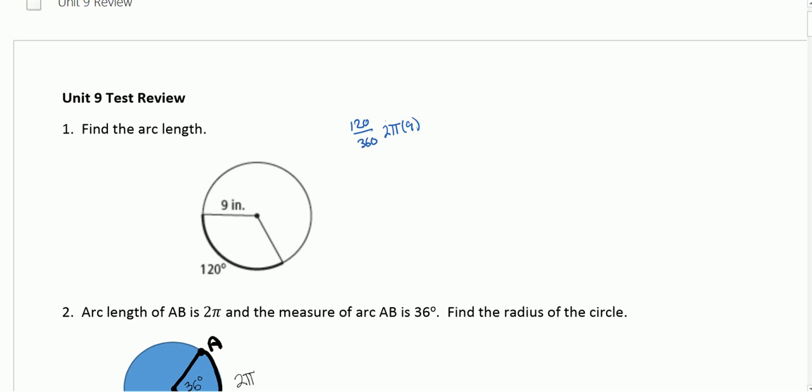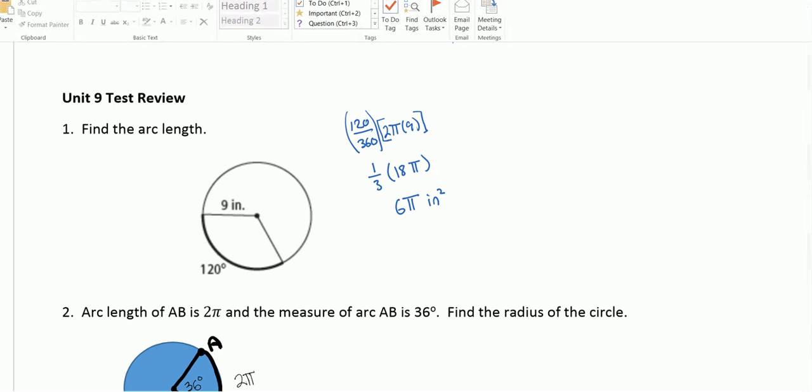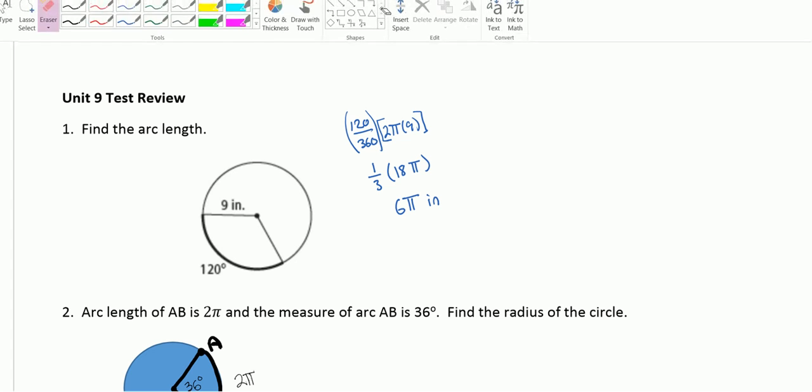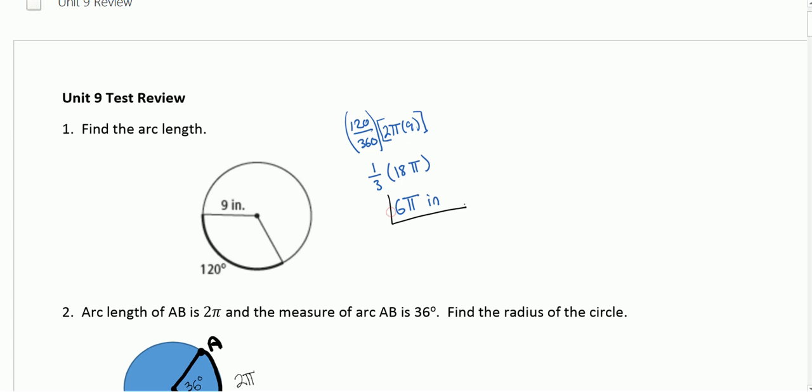So the 2 pi 9 is our circumference, and then the 120 over 360 is the fraction of the circle that we're working with, which can reduce to 1/3 times 18 pi, and 18 divided by 3 is 6, so we're going to leave it 6 pi, and we're talking inches. Sorry, this is not area, this is just inches. This is a one-dimensional unit. And that's our answer, 6 pi inches.